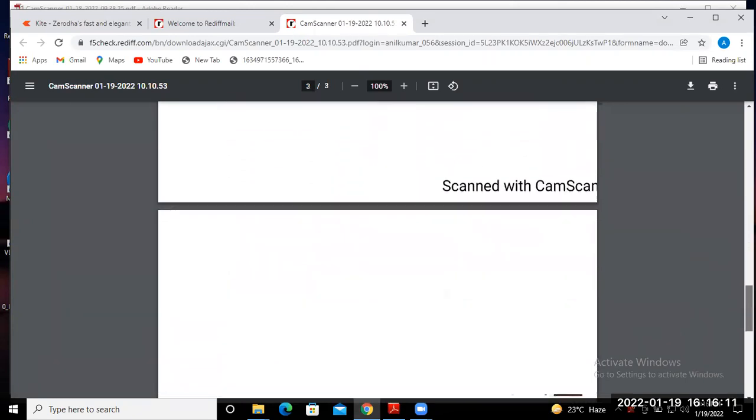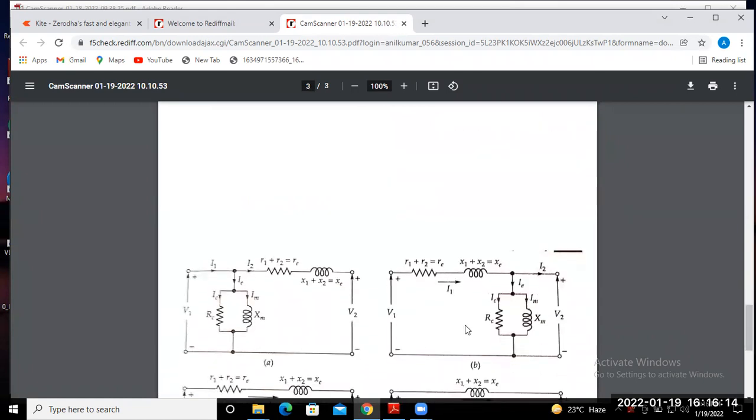Then the total equivalent resistance is R1 plus R2 dash, and X equivalent is X1 plus X2. Or if the shunt branch is placed outside, on the secondary side referred towards the primary, then the total resistance and leakage reactance are R equivalent equal to R1 plus R2 dash, and X equivalent equal to X1 plus X2 dash.